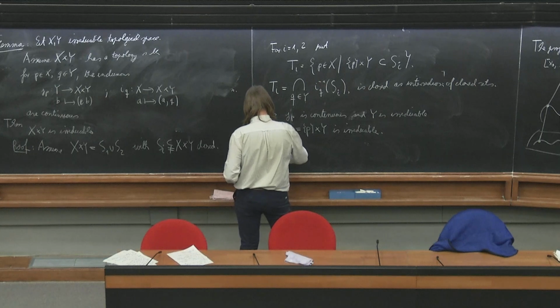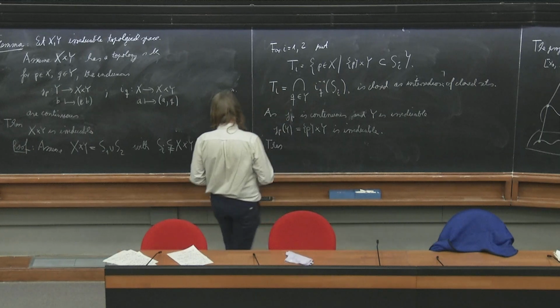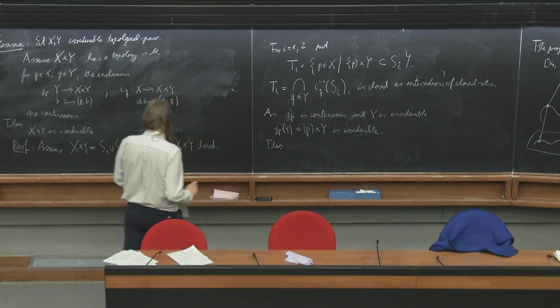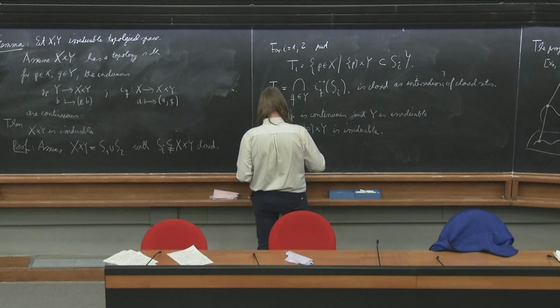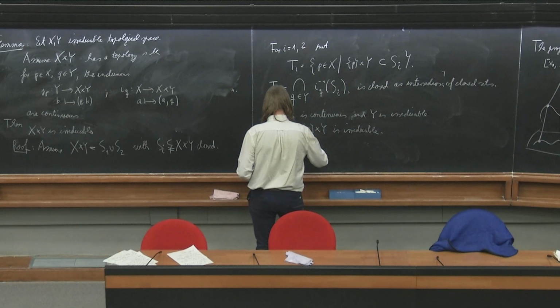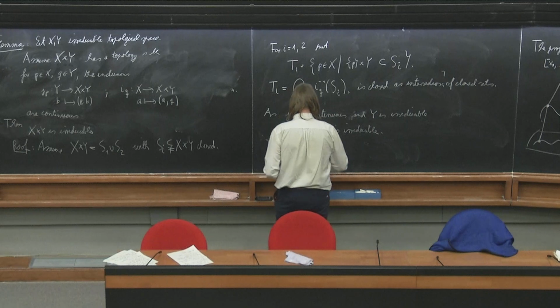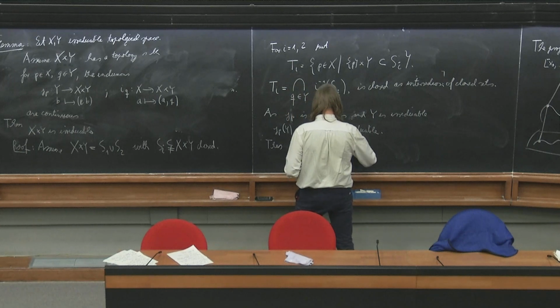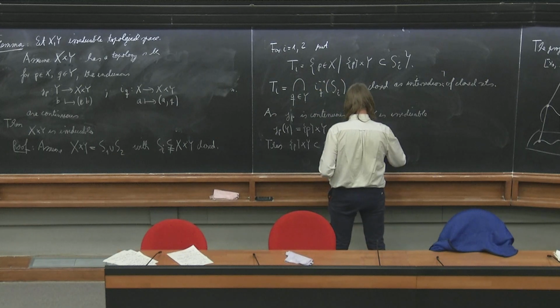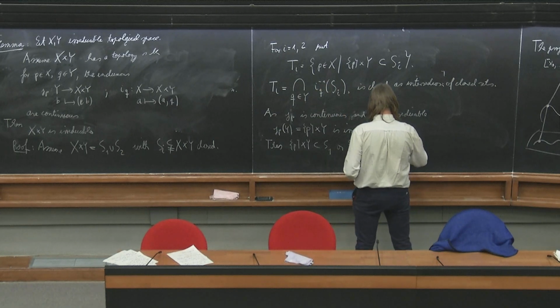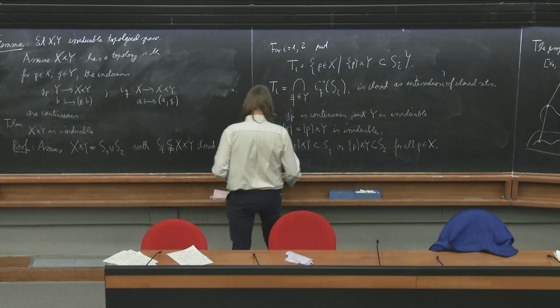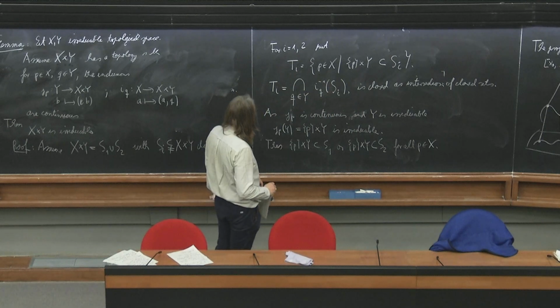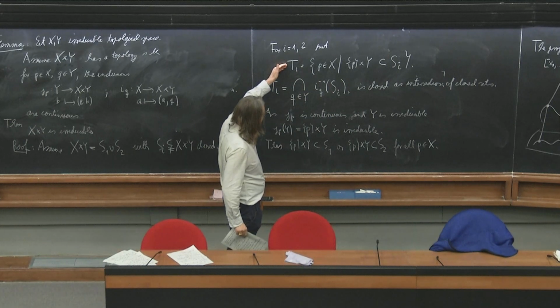Thus, the SI are closed and the union is X times Y. So by irreducibility, we have that P times Y is contained in S1, or P times Y is contained in S2 for all P in X. But this just means that the union of T1 and T2 is equal to X.